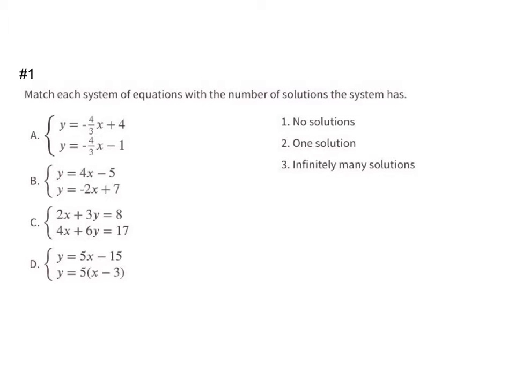It says match each system of equations with the number of solutions the system has. Okay, so let's think back to systems and what it actually means. Let's go through some notes for a second.